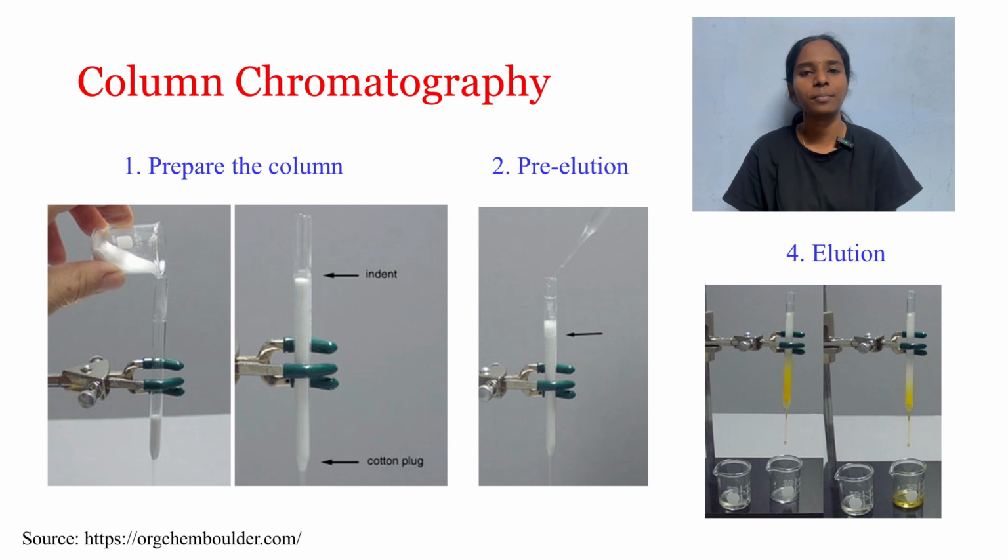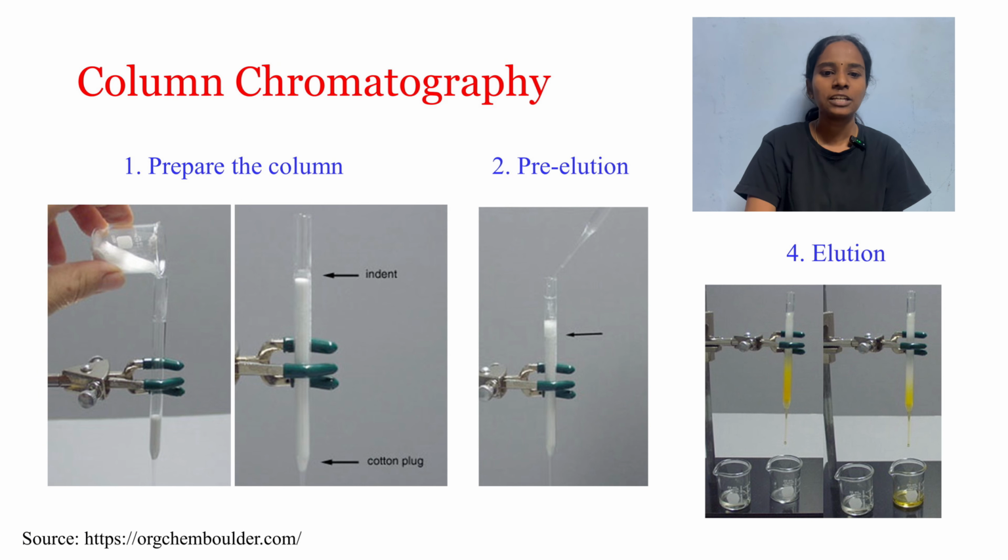In column chromatography, the first step is to prepare the column. The column loading matrix or stationary phase, for example silica gel, is mixed along with the solvent and then it is loaded onto the glass column. This glass column has an opening at the top and there is an opening at the bottom as well. The bottom opening has a stopper.